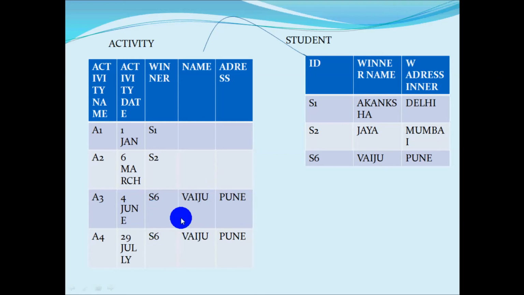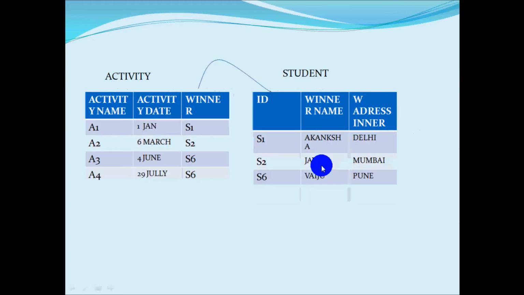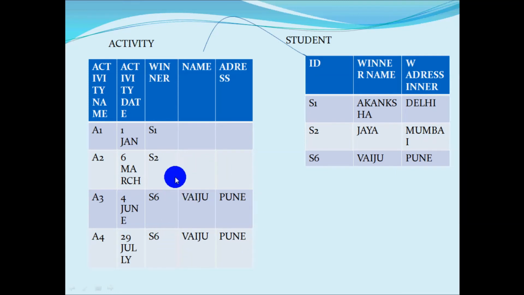So you can see the repetition is going to occur if we do not apply the concept of the foreign key. So in short, just to reduce the redundancy and to keep our database as small as possible, we apply this concept, that is the foreign key.